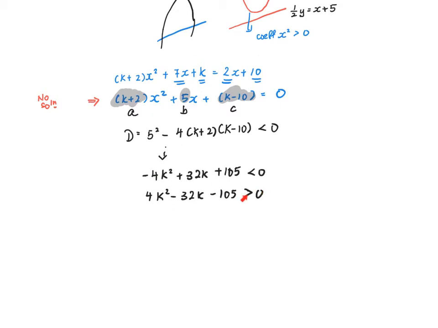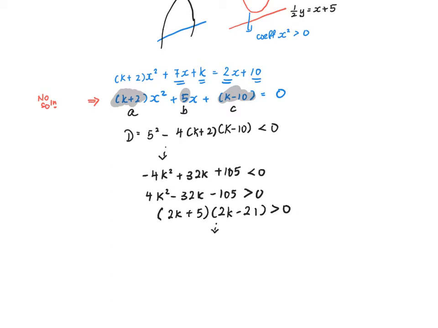Factorizing this, you probably get 2k plus 5 and 2k minus 21 to be more than 0.